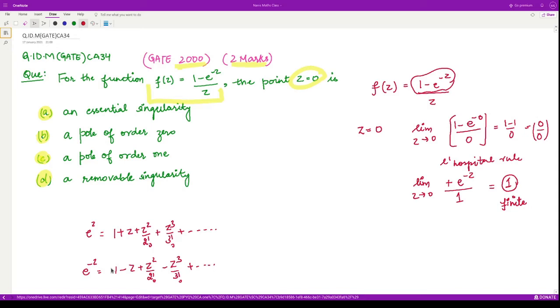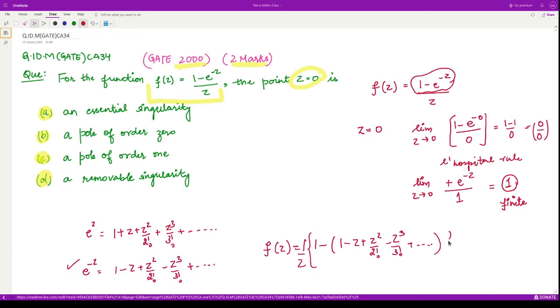When we substitute this series into the given function, our function would become 1 minus this series. So it would be 1 minus 1 minus z plus z square by 2 factorial minus z cube by 3 factorial and so on, right? And we have divided by z.